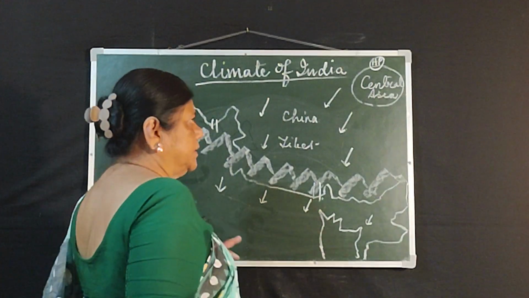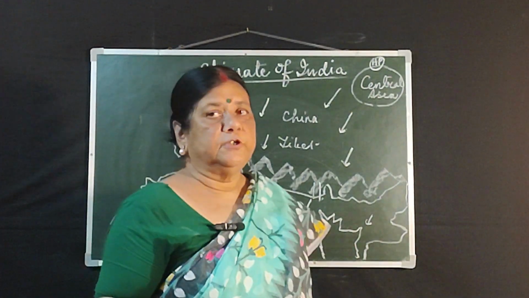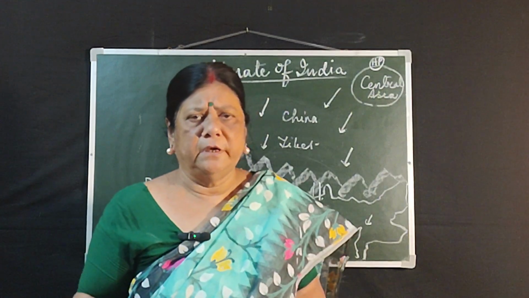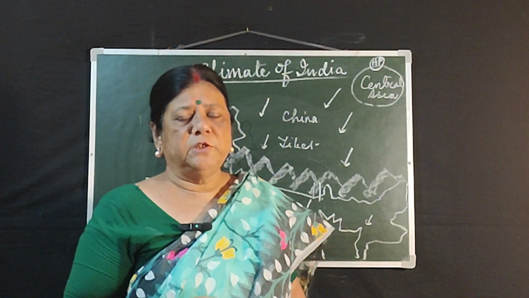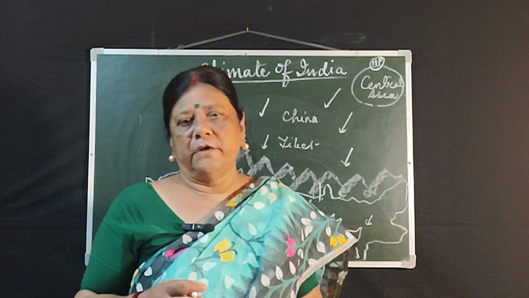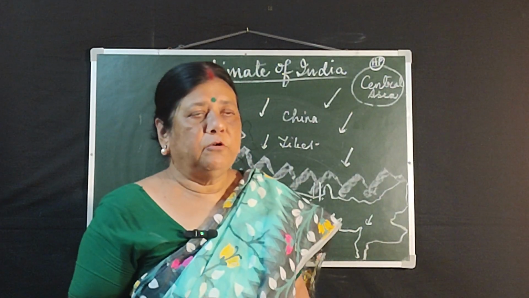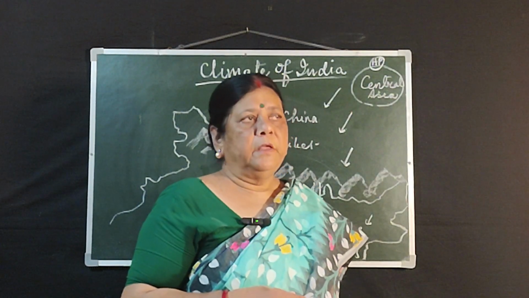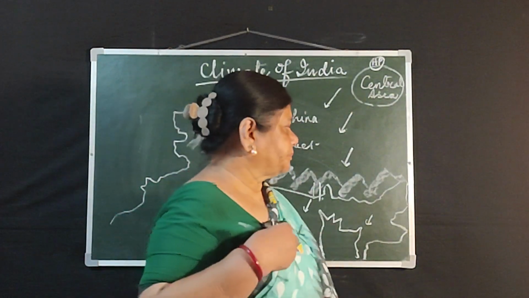The gaps and passes: Chikila Pass, Jodila Pass, Karakoram Pass, Nathula Pass, many passes are there in between the mountains. Through the passes they enter and reduce the temperature of our country to some extent. But on the whole, India remains mild during winter and does not get rain.